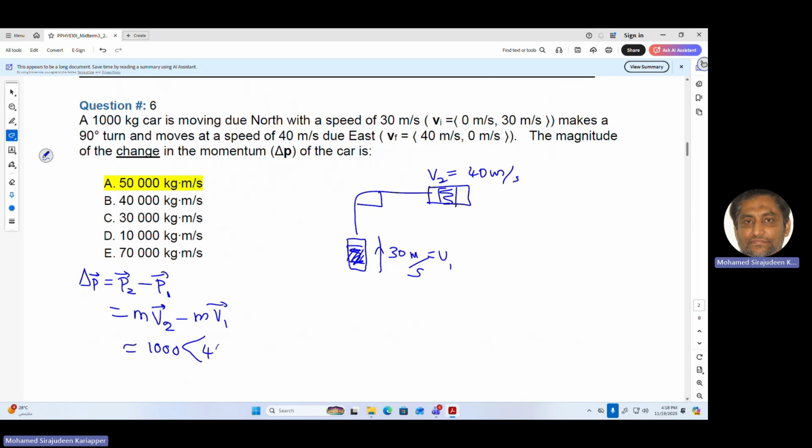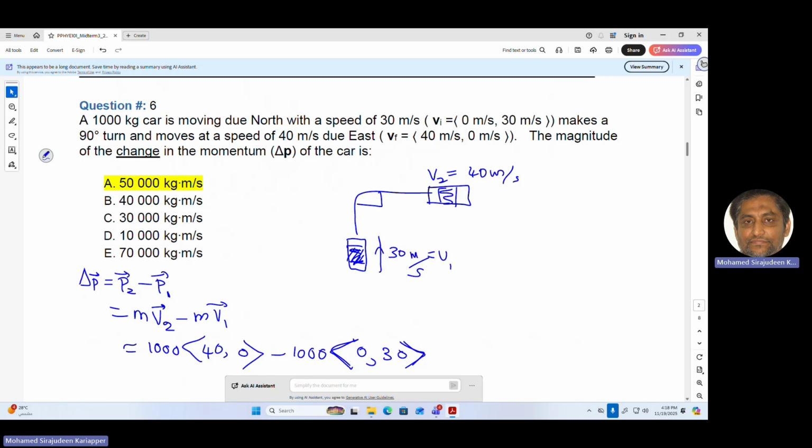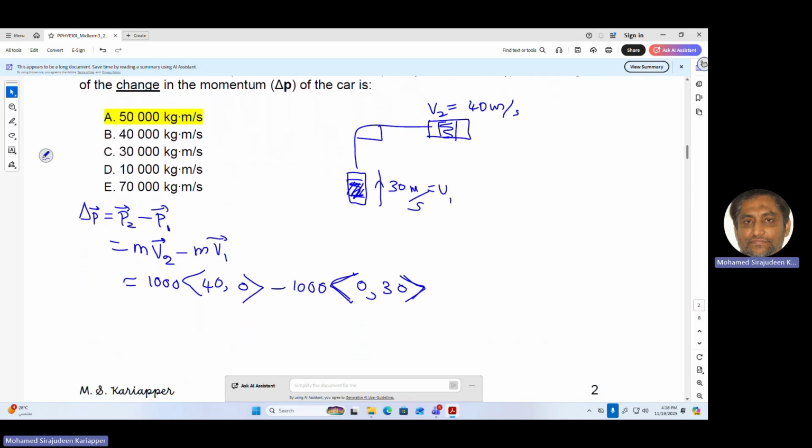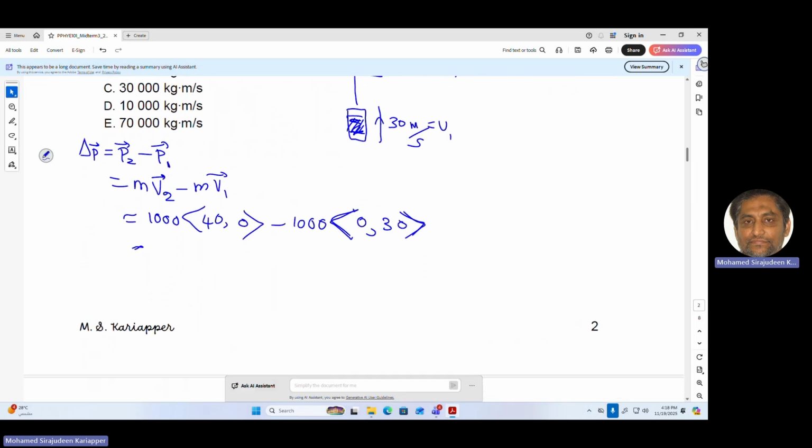That should not bother you. And initial is the same car, and V1 or V initial is (0, 30). Now you know the vector, right? The x component is the first one, the second one is the y component. All you need to do is just simplify it further.